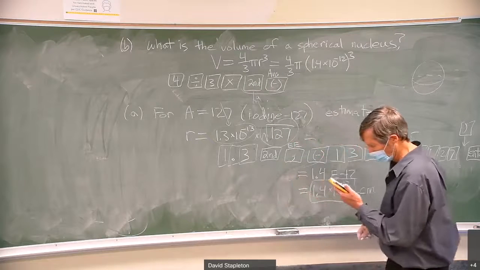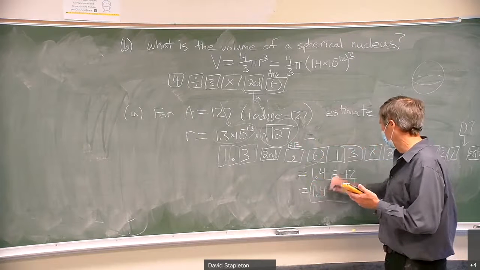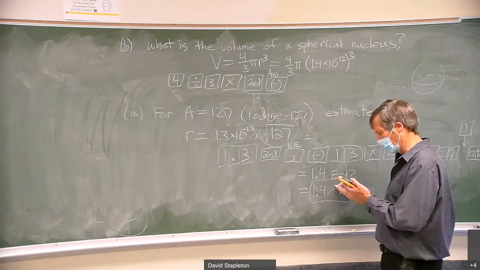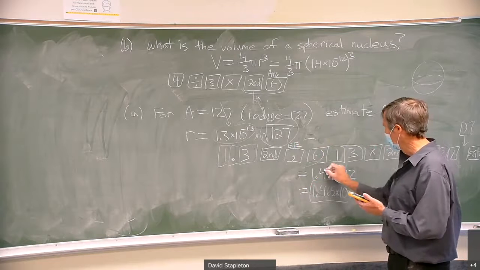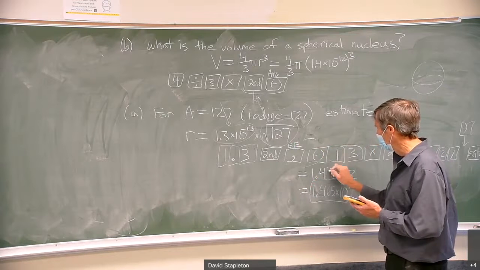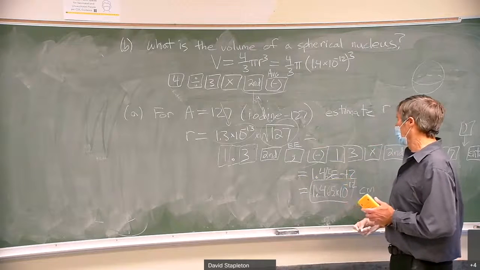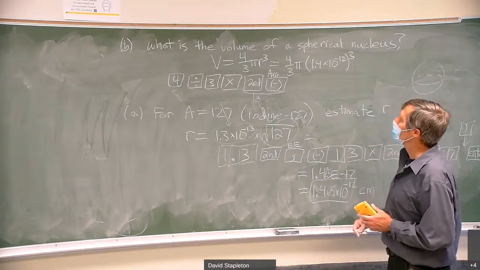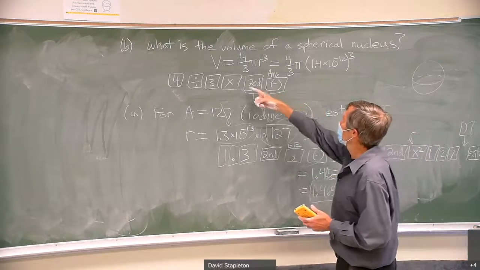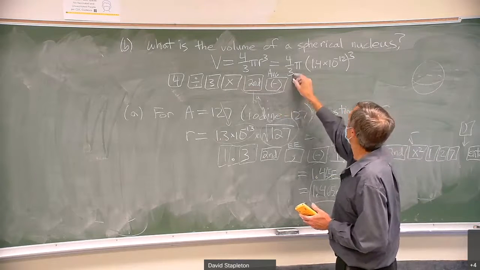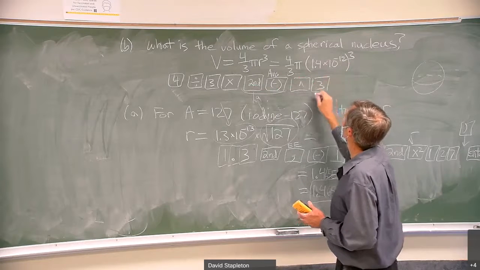Not 1.4, rounds to 1.5. Let's call it 8.465 times 10 to the minus 12. There are more digits here. I should have copied more down. All right, so times second answer, and then to take a third power, you can push caret 3.